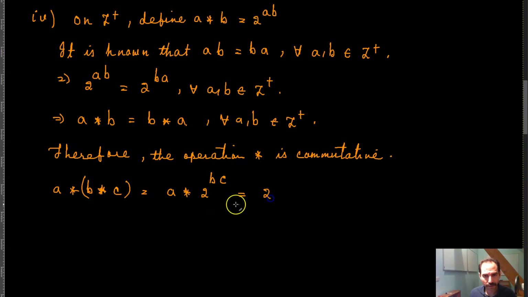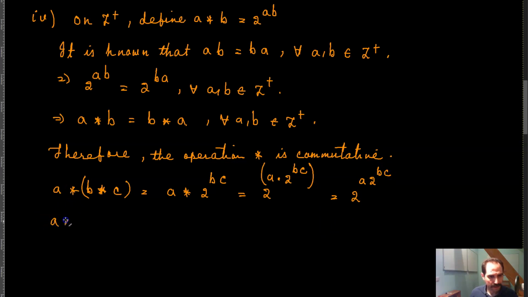So that's 2 raised to the power A times 2 raised to the power BC.